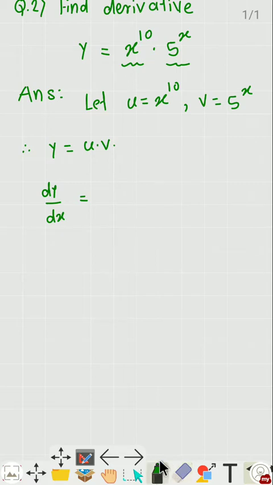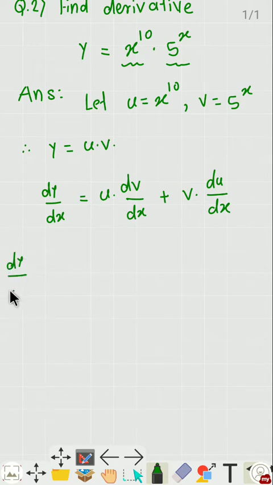Okay, so dy by dx is equal to u into dv by dx plus v into du by dx. So this is the product rule.